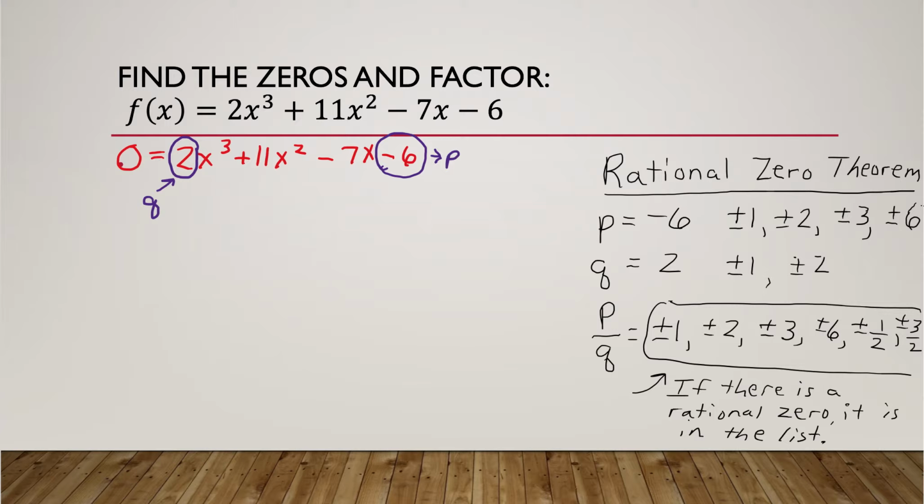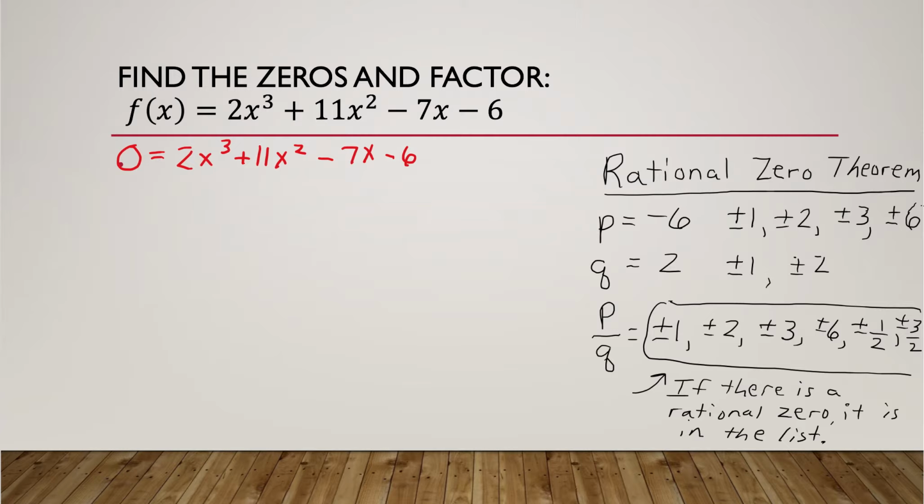Okay, so now the next thing I have to do is figure out which of those 12 numbers are actually zeros for the function. So we know that this function has how many zeros? We have talked about how the number of zeros in the function is equal to the degree.